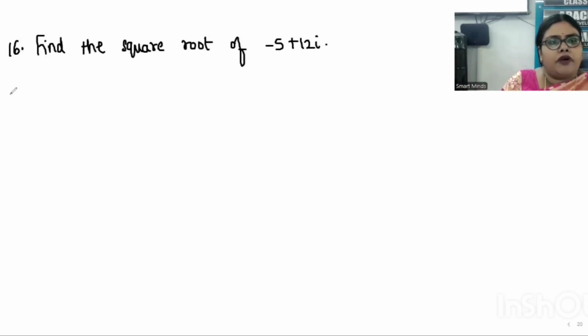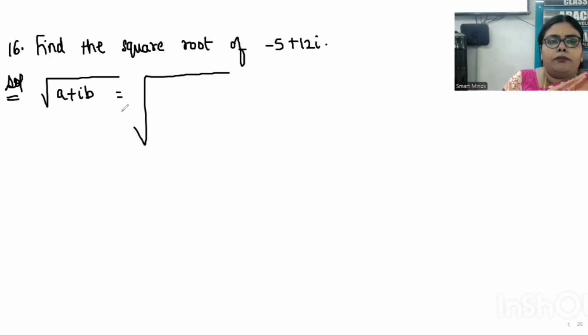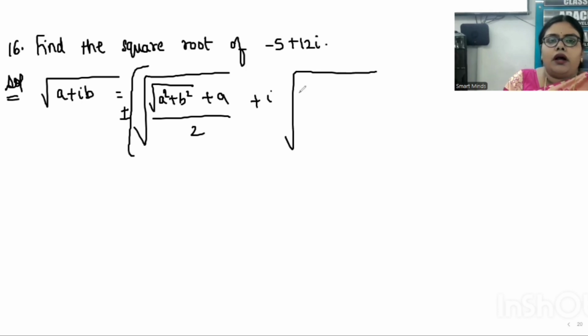Take the next question. Find the square root of minus 5 plus 12i. First let me give you the formula for the square root of any complex number. Suppose a plus ib is a complex number, then the square root of a plus ib is plus or minus [square root of ((square root of (a square plus b square) plus a) by 2) plus i into square root of ((square root of (a square plus b square) minus a) by 2)].